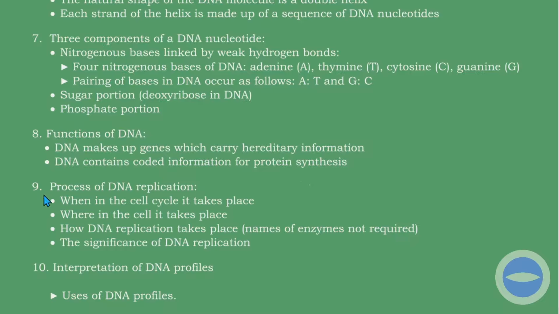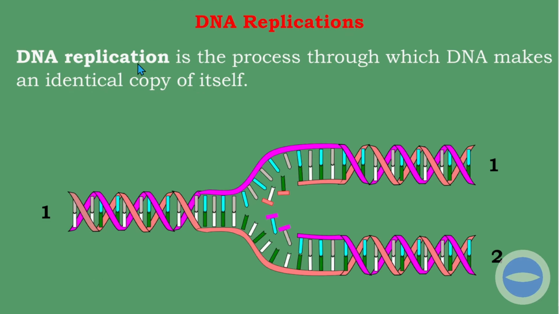And then secret number 9: we must know the process of DNA replication. DNA replication is the process through which DNA makes an identical copy of itself.